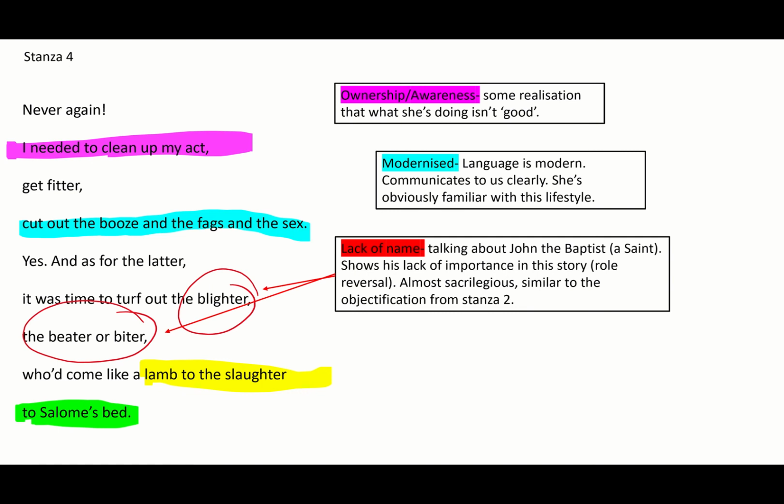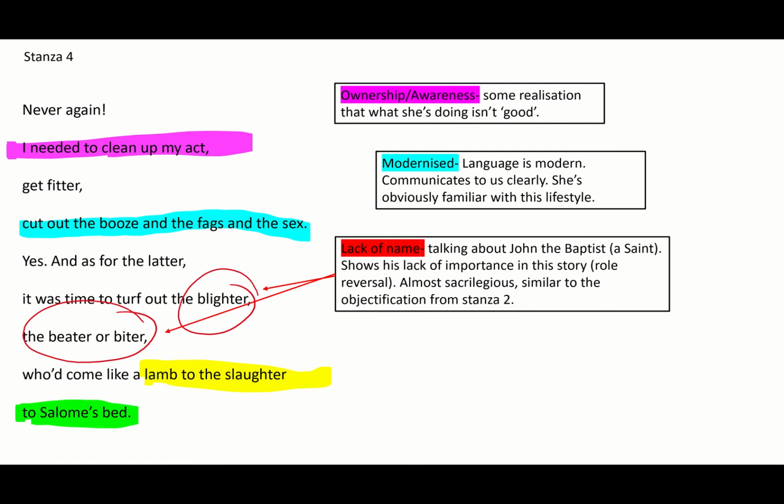So kind of insulting him almost shows his lack of importance in the story, which is very much a role reversal from the original tale, right? His name, who he is, doesn't even matter to Salome's story, which in the original, you know, Salome barely matters. She's just this slut who's the cause of John the Baptist's death. And at this point, it's almost sacrilegious because he's a saint, right?